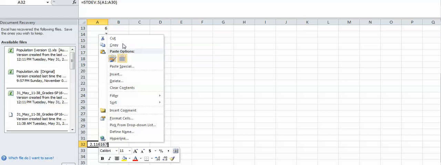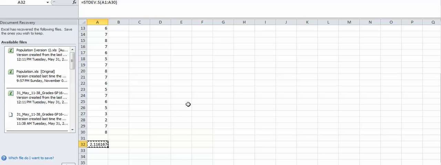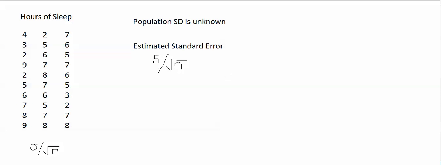Now I'm going to copy this number and move it over to Paint so I can use it in the formula. It's a little bit distorted, but it's okay.